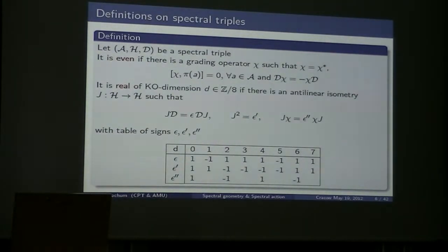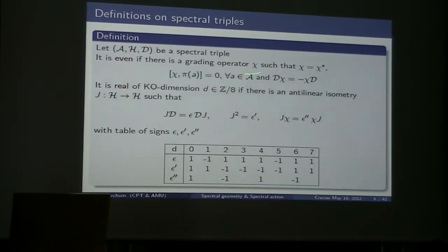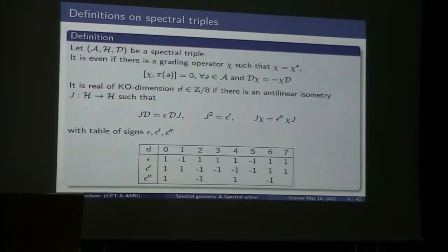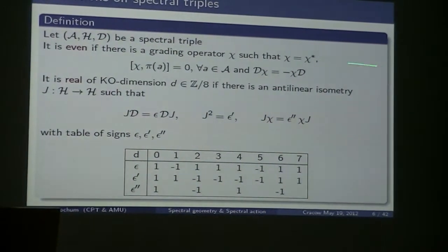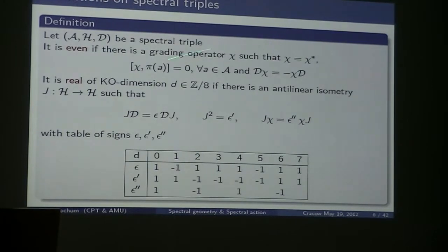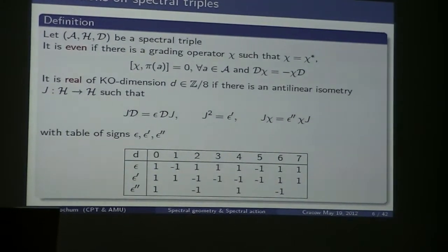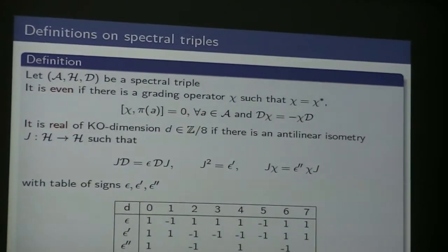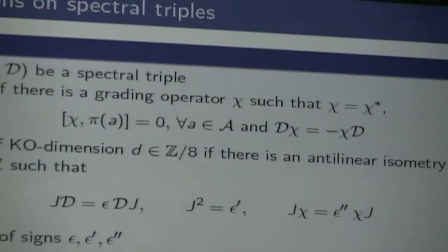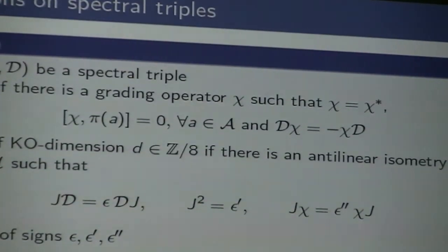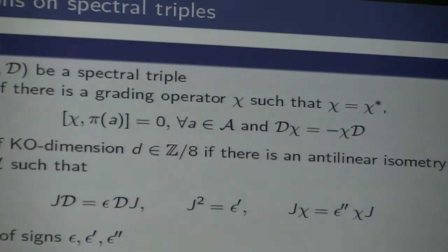When you have a spectral triple, it is said to be even if you have a grading. The grading operator is just gamma 5, a self-adjoint operator which commutes with the algebra and anti-commutes with D. So this means that D is an odd operator with respect to this chirality.